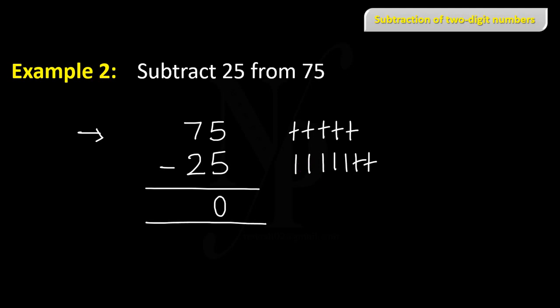Therefore, I should write 5 here. That means the difference of 75 and 25 is 50. Or we may write 75 minus 25 is equal to 50.